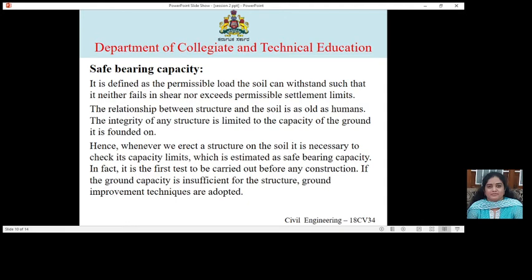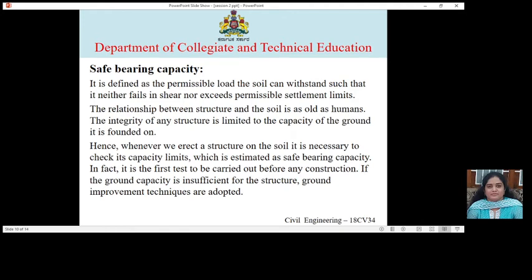It should not fail in shear, but at the same time, it should not cross the permissible settlement limits. There are some limits provided, and it should not exceed that limit.